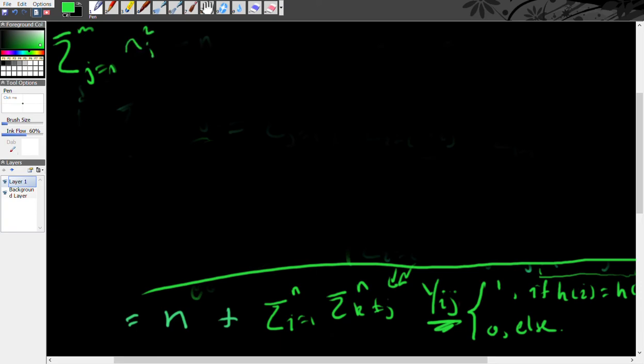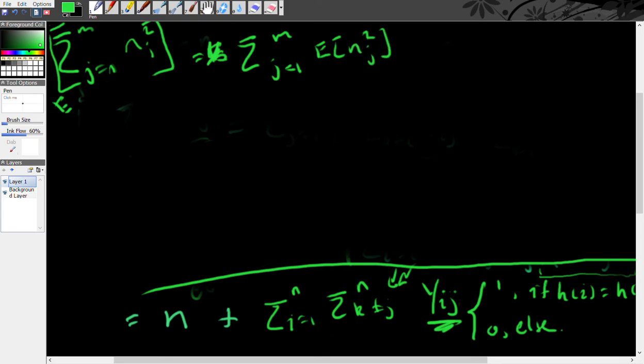Okay, we want to apply expectation. If I were to apply expectation on this entire thing, linearity of expectation tells me that this is the same as the sum over j equals 1 to m of the expected value of nj squared.